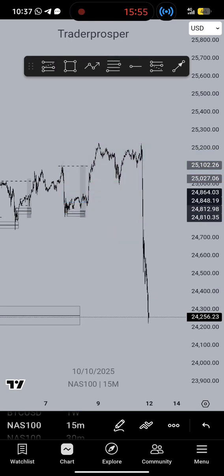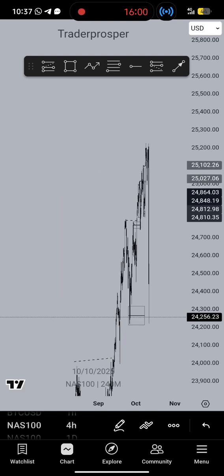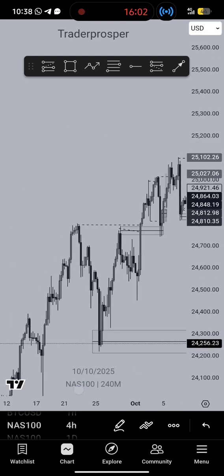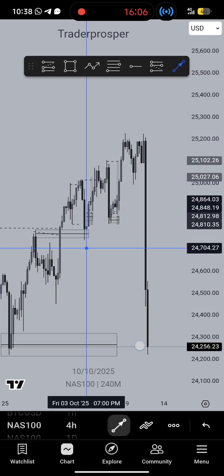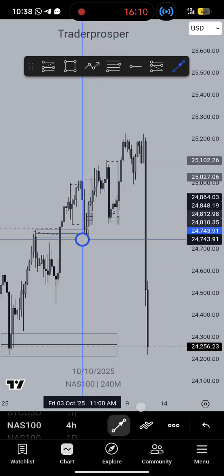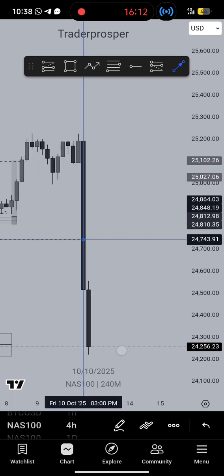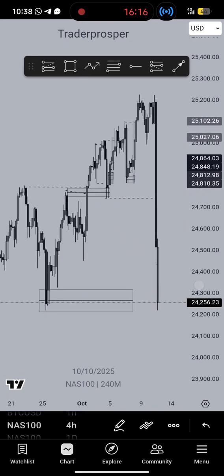Okay, so if you go back to the 4 hour, if you check your most recent low that has liquidity, you see that market has broken this low. So all these lows have been taken out. So we are likely reversing on the weekly, or even on the daily.